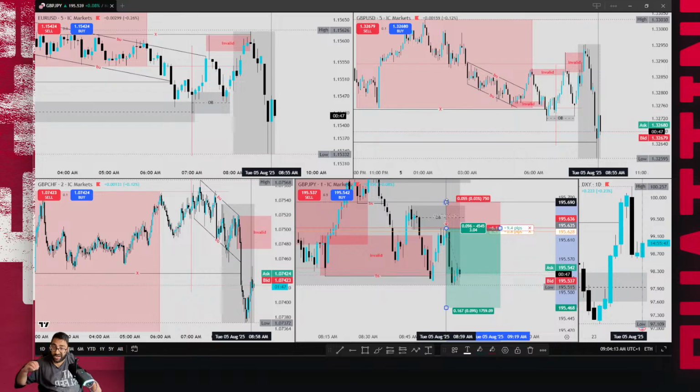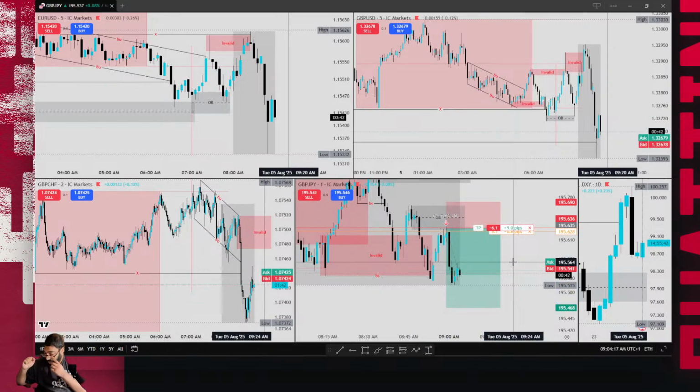So we got tagged in at a slightly better price, which is good. But now we need to see price give us a good reaction.